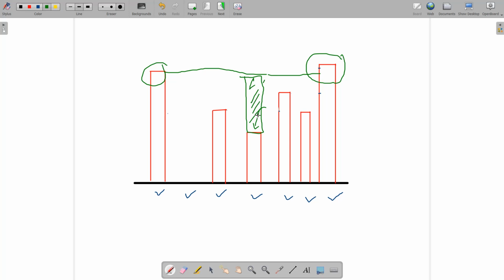Okay, so this gives us the idea that for every position of the wall, we are going to find out the right max height of the wall with respect to the current position. If I'm talking about this position, the wall which has the maximum height to the right of it is this one, and the maximum height of the wall to the left of it is this one, then your answer would be the minimum of this one and this one.